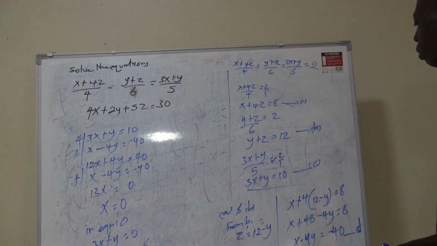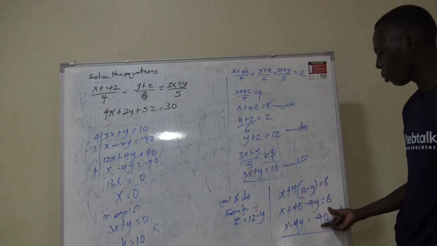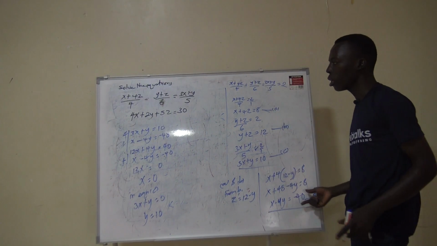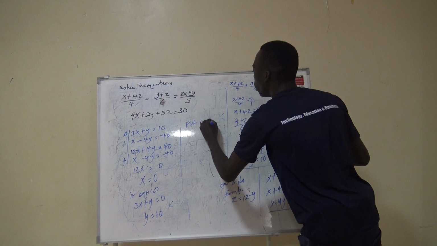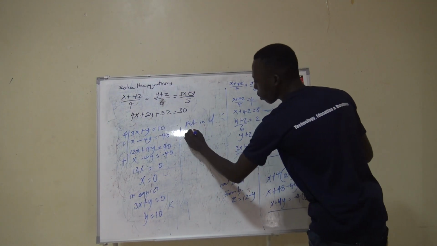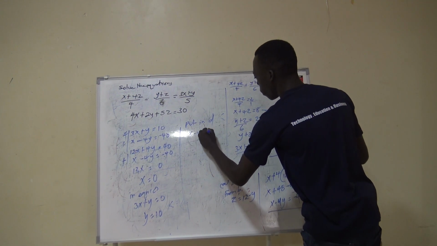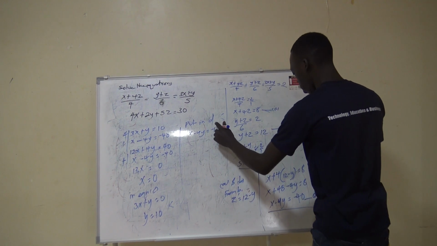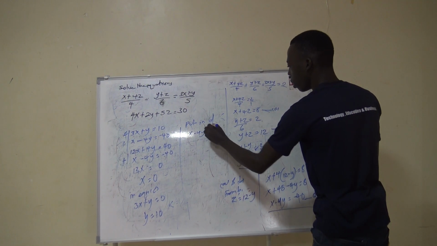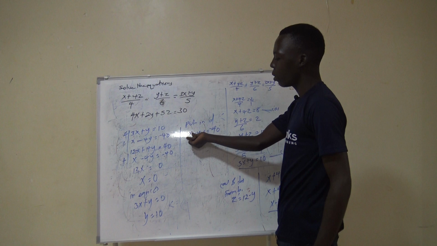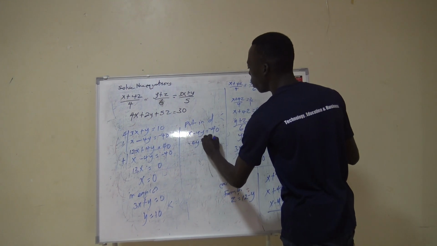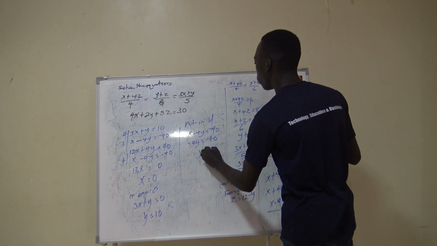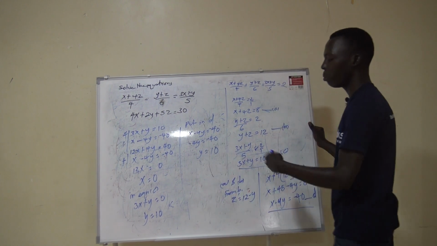You can prove your answer is correct by substituting in D: x minus 4y equals negative 40, so with x as 0, negative 4y equals negative 40, so y will be equal to 10. It is the same.